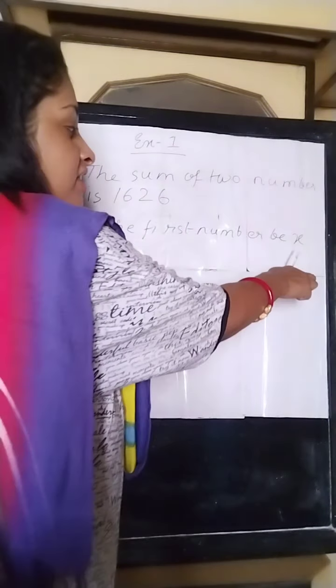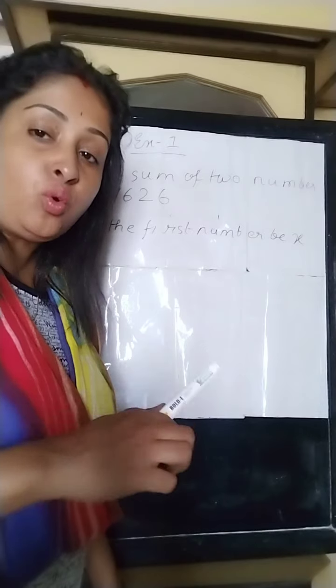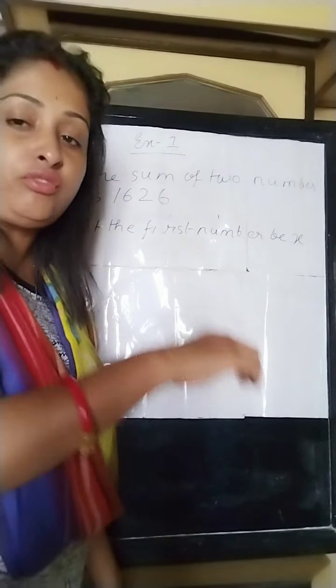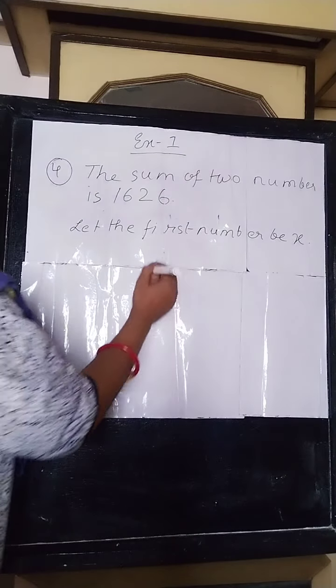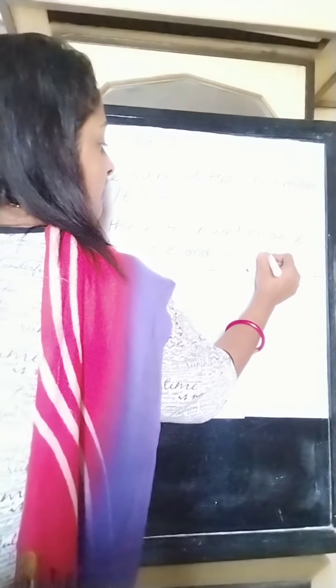Since one number is twice the other, the second number must be 2 into x, that is 2x. So x and 2x are the two assumed numbers.